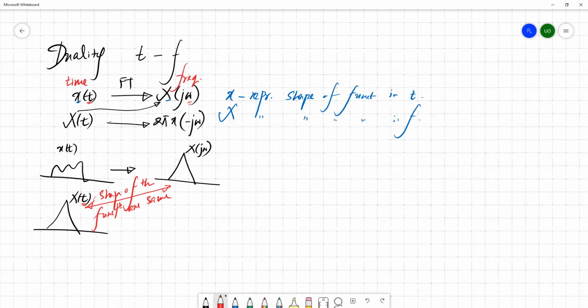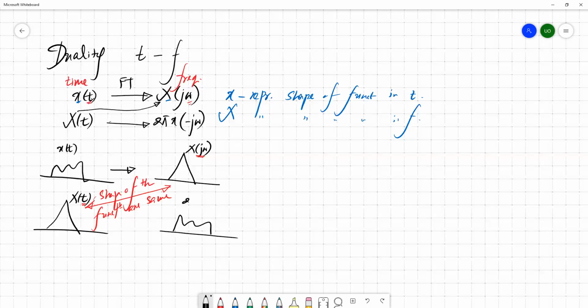So the shape is preserved, and we change the frequency domain variable with the time domain quantity. So in that case, we have a similar function.